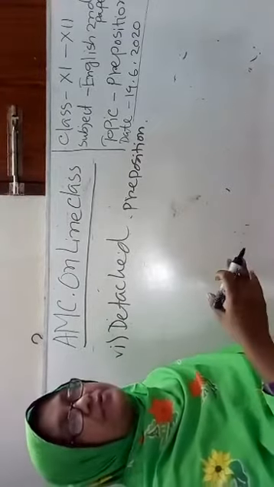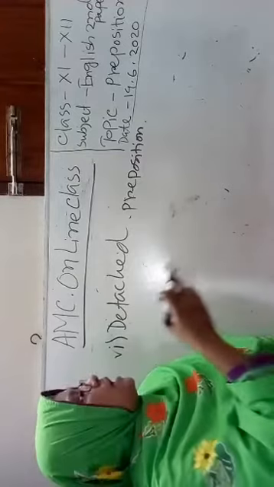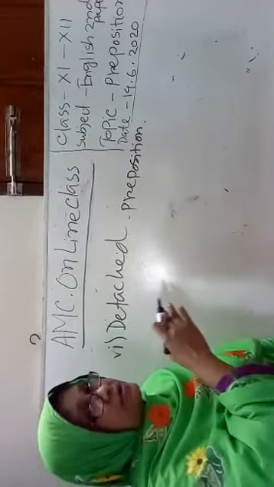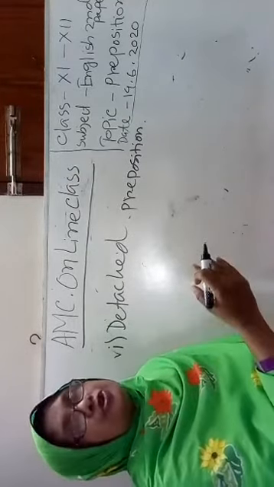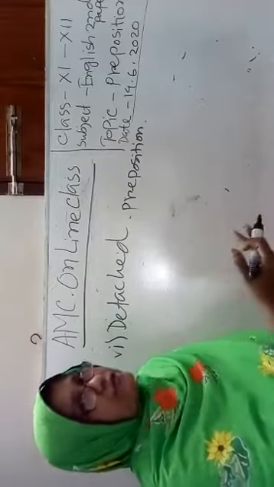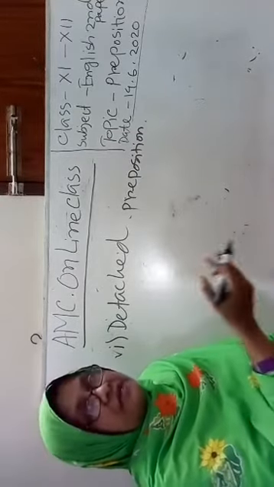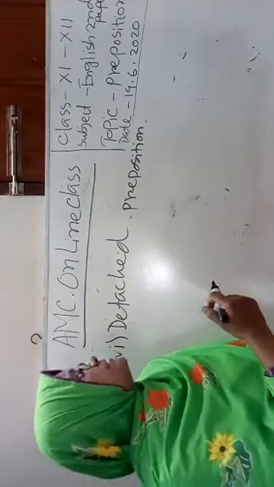In some sentences, a preposition is not placed before the object. It is placed separately in the last portion of the sentence, that means at the end of the sentence. So the preposition is detachedly used, and this is called detached preposition.